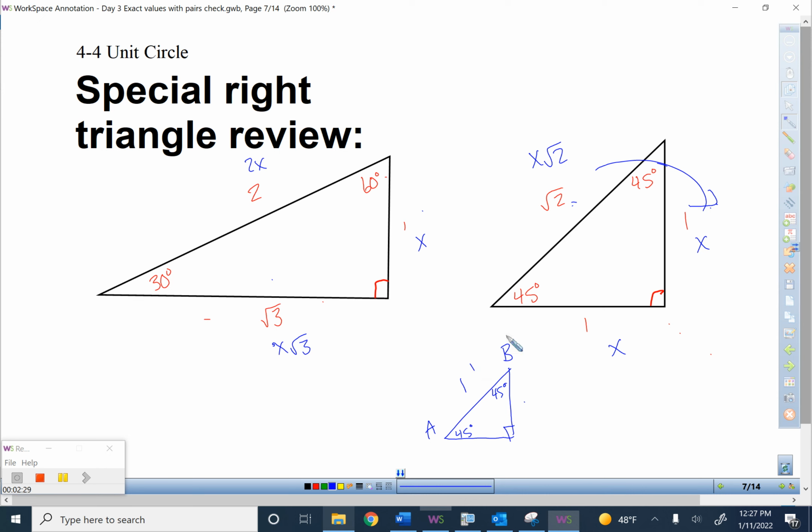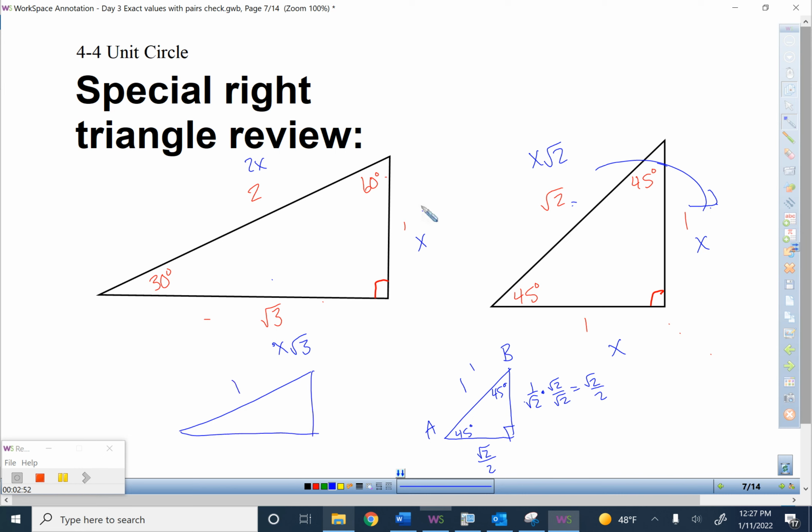So if I'm given the hypotenuse, I just divide by the square root of 2, and then we know we can't have that square root symbol in the denominator, so we would rationalize, leaving us with the square root of 2 over 2, and because these are isosceles, that would have to be the length of the bottom side as well. Okay, similarly over here, we could do the pattern using knowing our hypotenuse is 1.